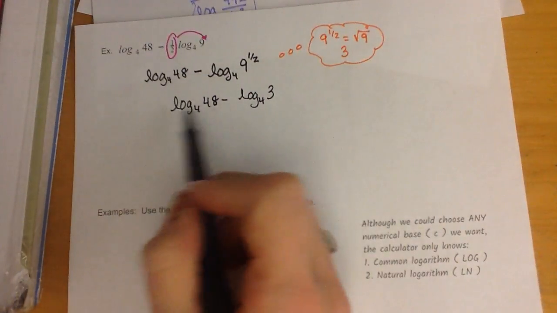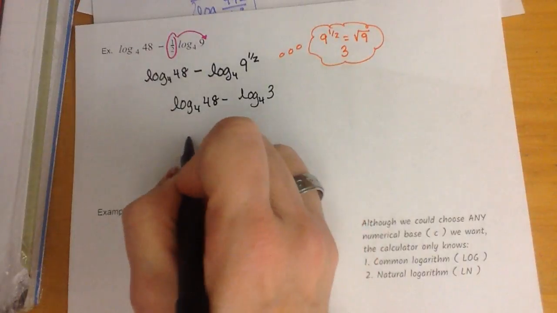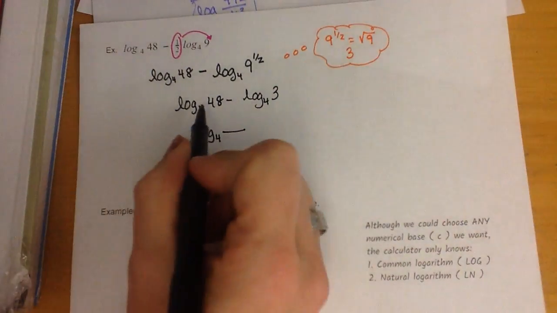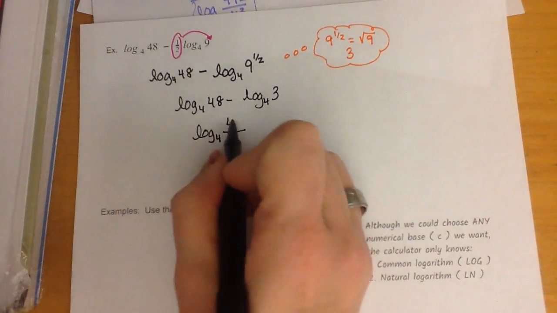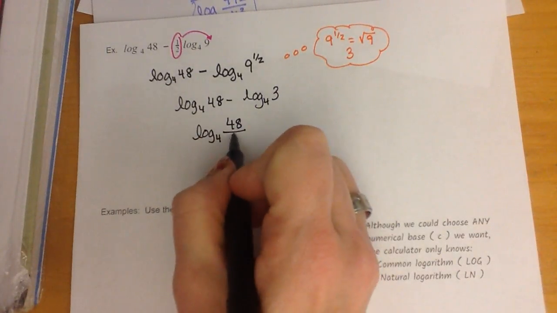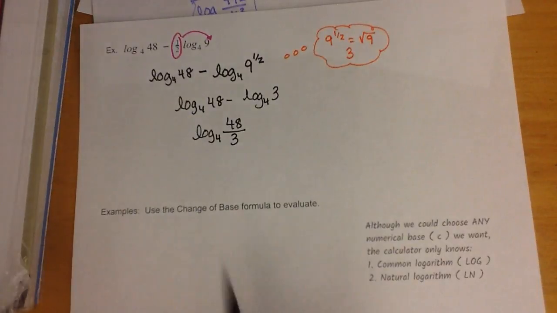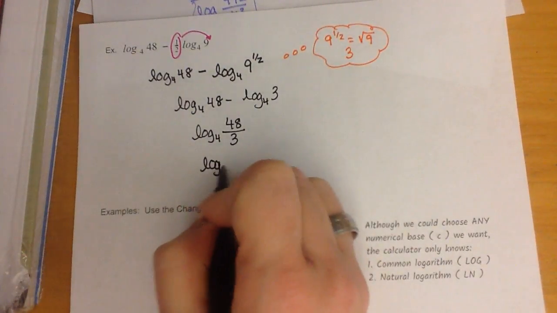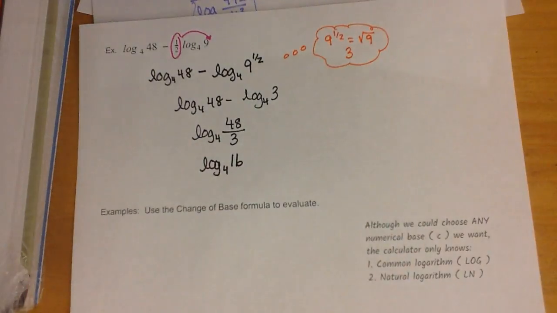Now my stuff is all packed up, so I'm ready to move into a single log. So I got log base 4 of positive goes to the numerator, so 48, negative goes to the denominator over 3. And then I can simplify 48 divided by 3, which is log base 4 of 16.